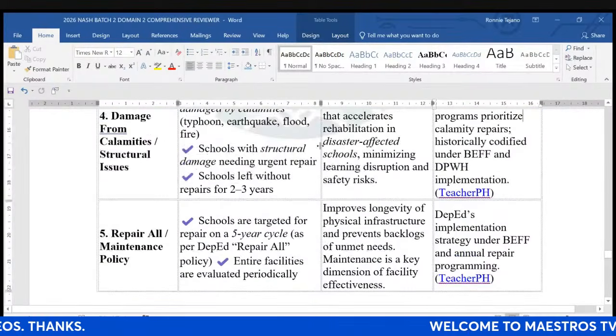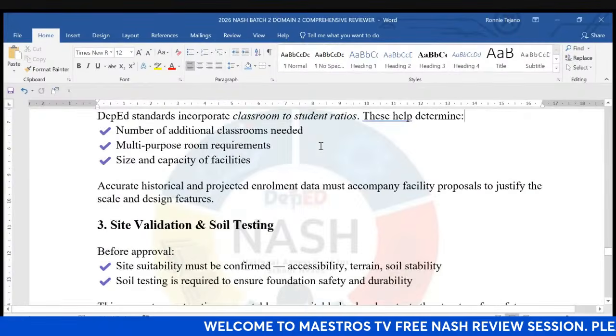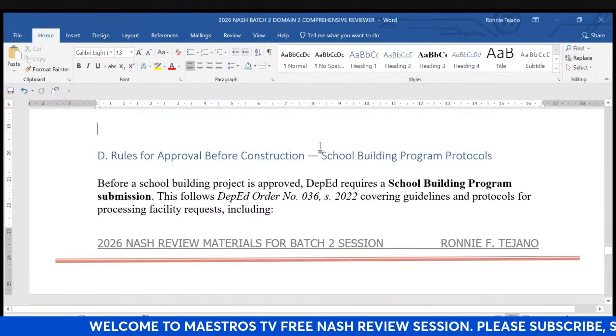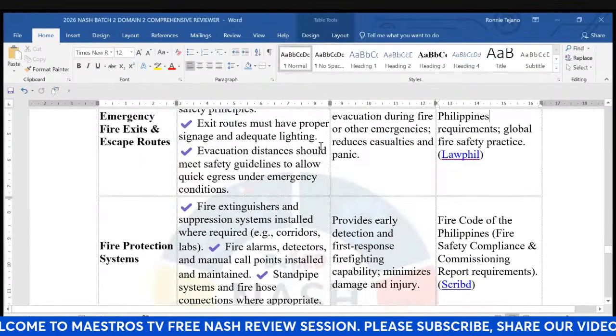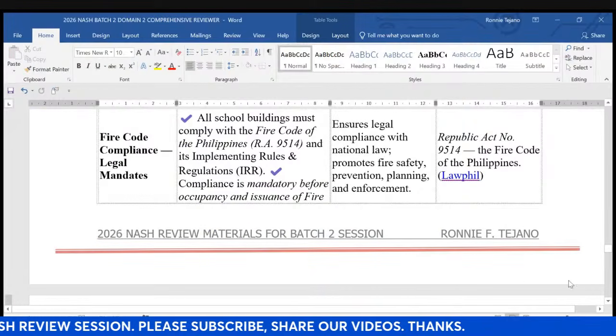For tonight's session, okay, let's expand our session's mock quiz kanina through the Kahoot game on the physical facilities.